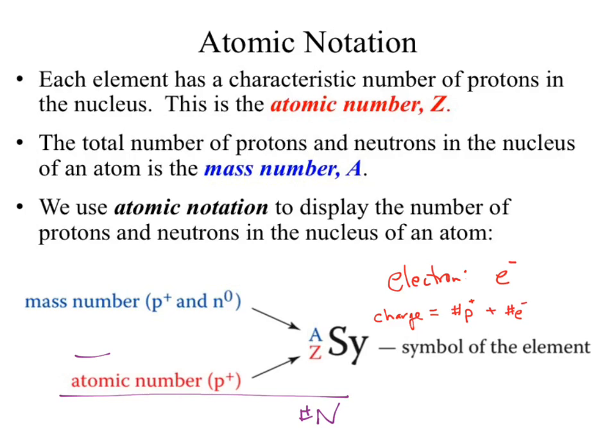Who knows? Okay. One possibility is that when we look at the periodic table, does it give you the mass number? So when we look at the periodic table, where does it say the mass number?